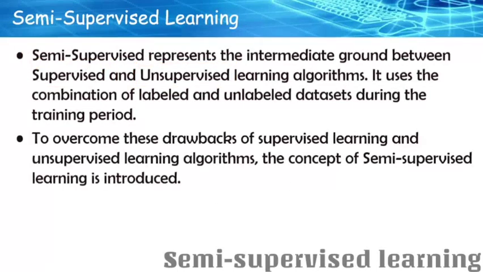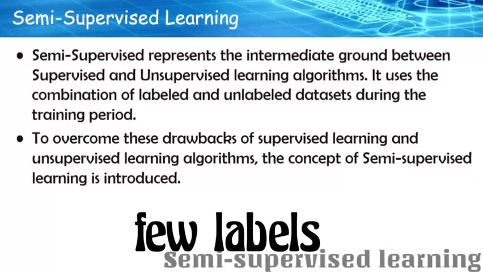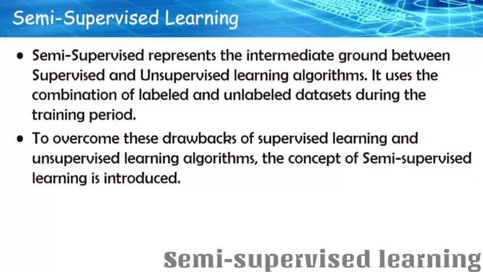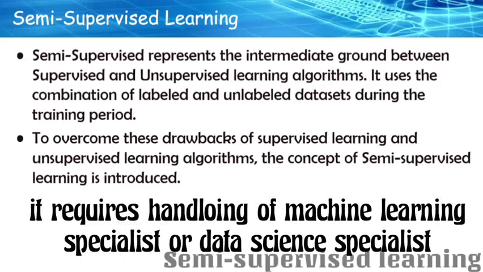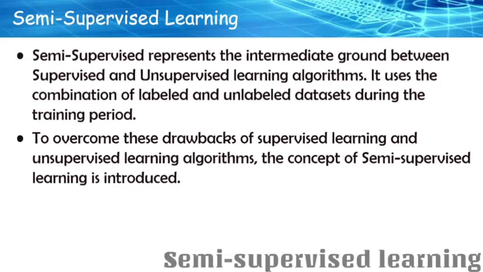Although semi-supervised learning is the middle ground of supervised and unsupervised learning, it operates on data that consists of few labels. It mostly consists of unlabeled data, and labels are costly, so for corporate purposes, it may have few labels. The disadvantage of supervised learning is that it requires a machine learning specialist or data scientist, and it also has a high cost of process since labeled data means a manual process.